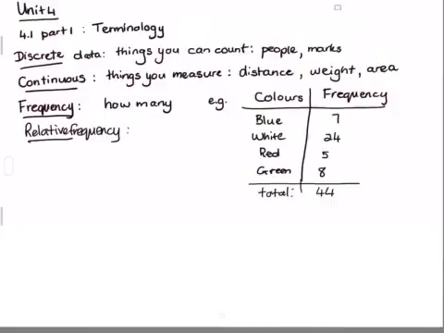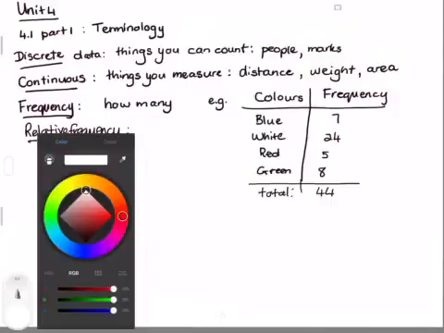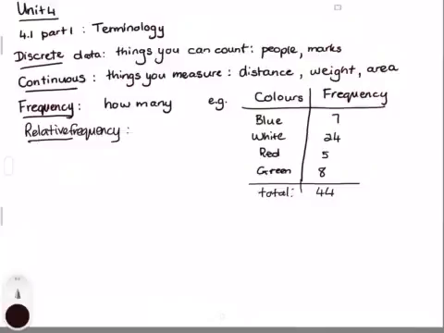Relative frequency. Say, for instance, what is the relative frequency of green cars? The relative frequency of green cars, you take the frequency over the total.